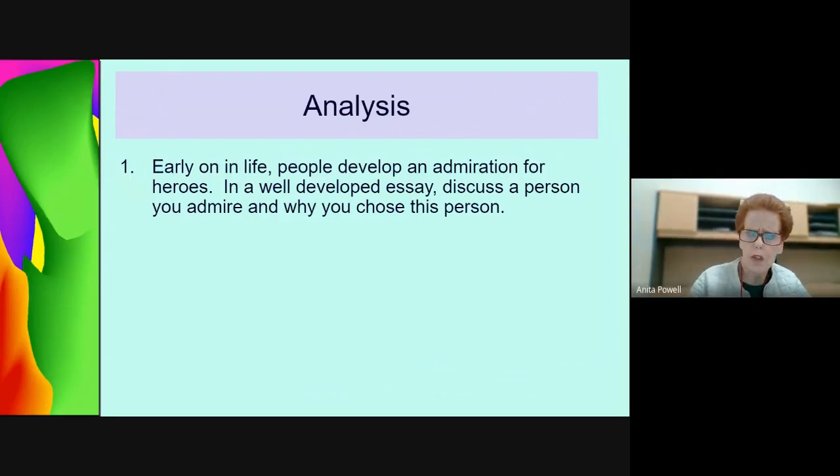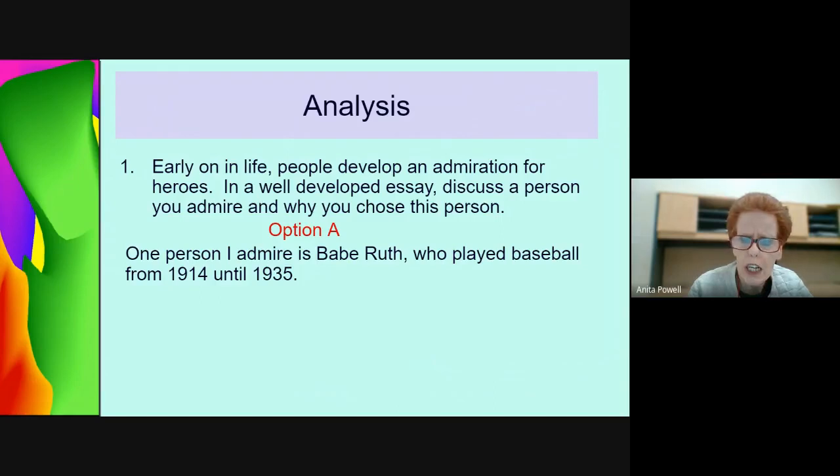Let's see some example thesis. Option A. One person I admire is Babe Ruth, who played baseball from 1914 until 1935. Okay, is that a good thesis statement? Does that really address the prompt?